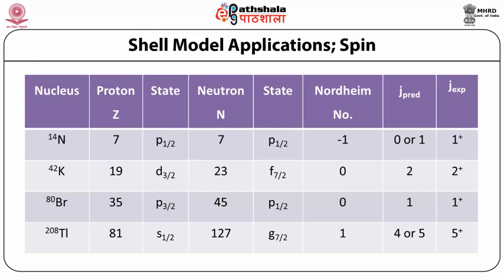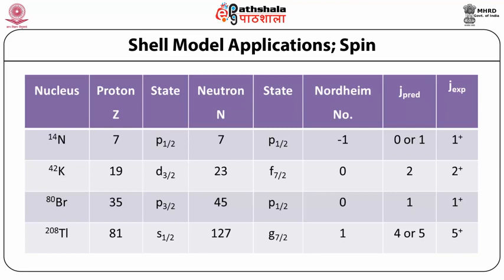and experimentally the spin observed is 1 plus. Similarly for potassium 42, the Z number is 19 and the N number is 23. The 19th proton is in the d3/2 orbital, and the 23rd neutron is in the f7/2 orbital.